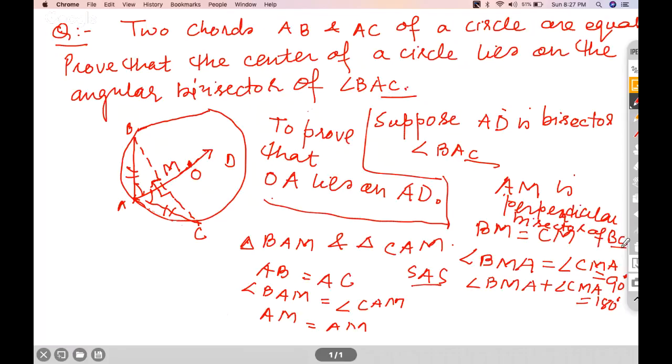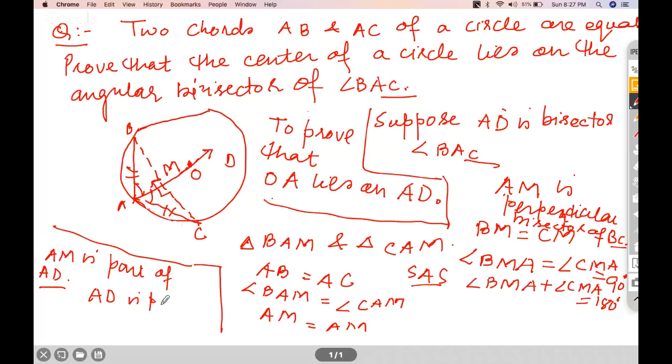And if it is the perpendicular bisector of BC, after this it's only about writing adequately. So you write that AM is part of AD, so it means that AD is the perpendicular bisector of BC.